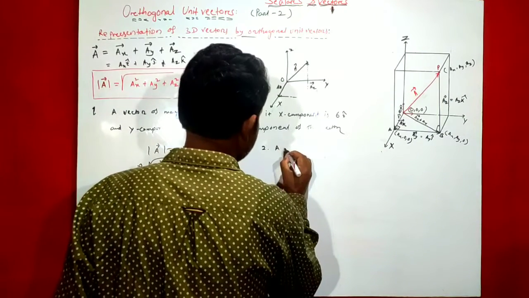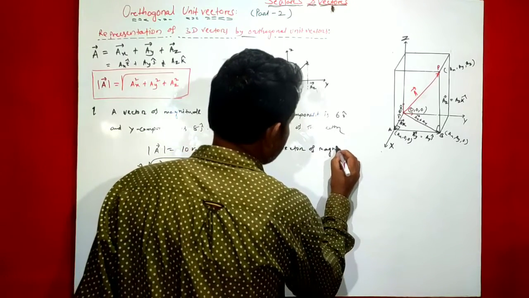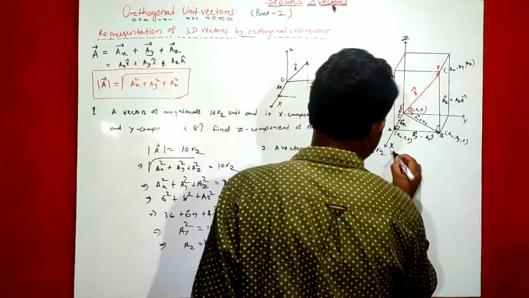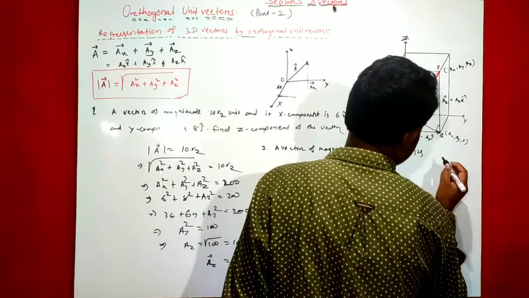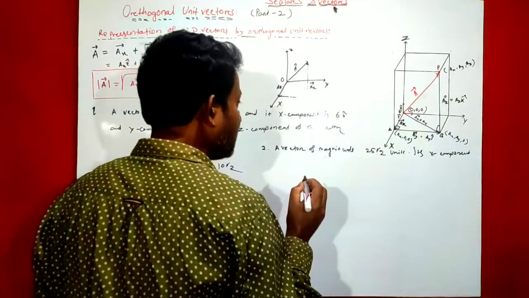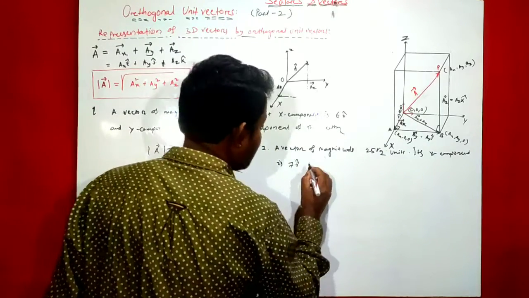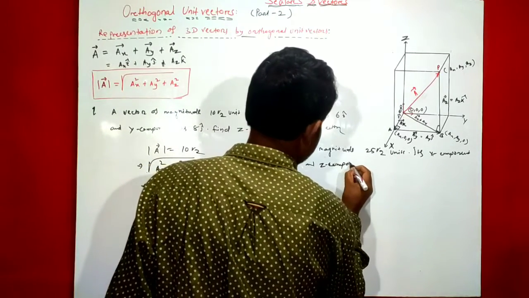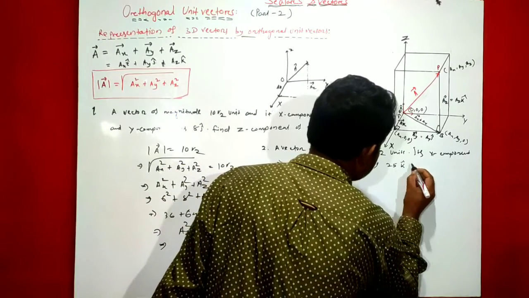So guys, question number 2. A vector of magnitude 25 root 2 units, its x component is 7 i cap and z component is 25 k cap.